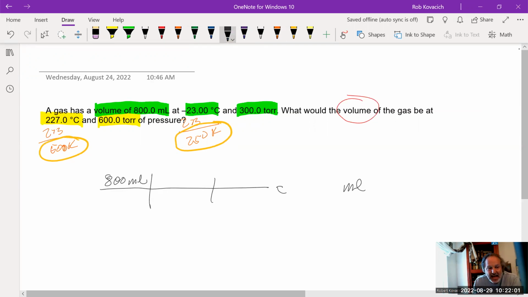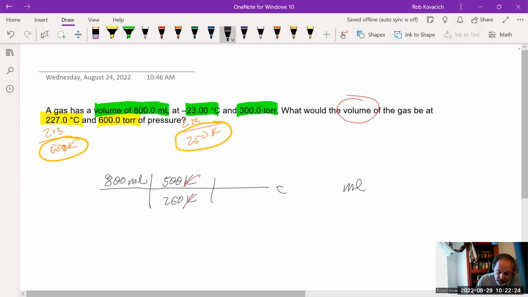What would happen to its size? What would happen to a balloon that got heated up? It would get bigger. That is the whole deal with hot air balloons. So that would mean I need a number that's larger than 800 milliliters. So I'm going to put 500 K in the top and 250 K in the denominator. That way I can cancel out the K's and this number will get bigger.